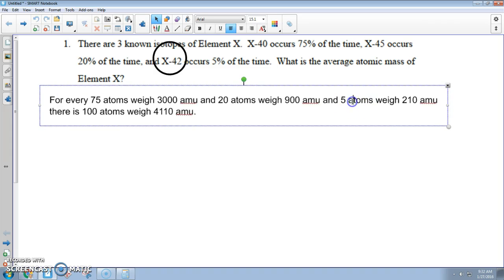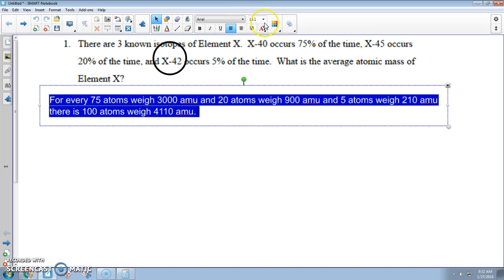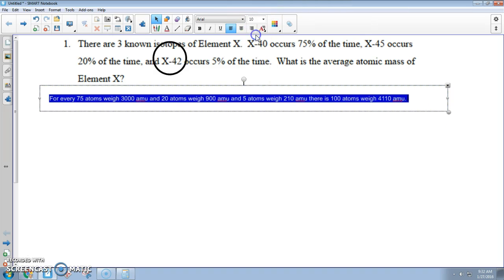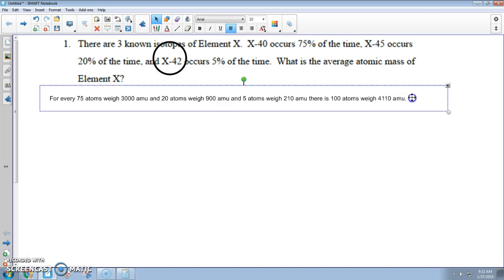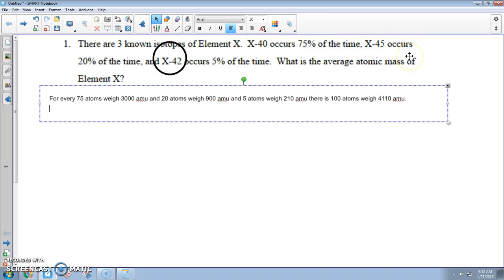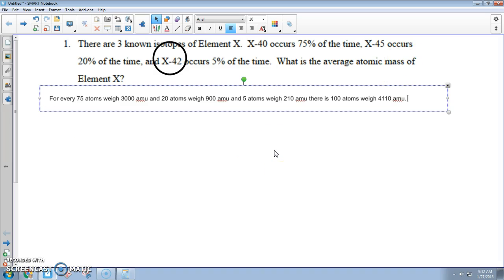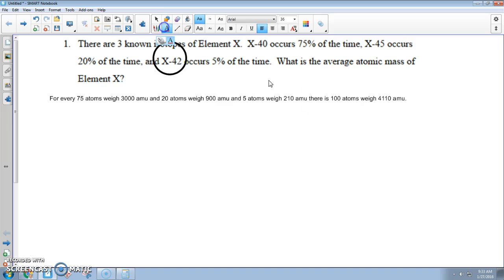So now I'm going to make this a little bit smaller and shrink my font so I can get it all onto one line, just to make it a little bit easier. There we go. Now what my average is really saying, when we ask what is the average atomic mass, is how much on average one atom weighs. So out of all this, what I really want to say is 100 atoms weigh 4,110 AMU.